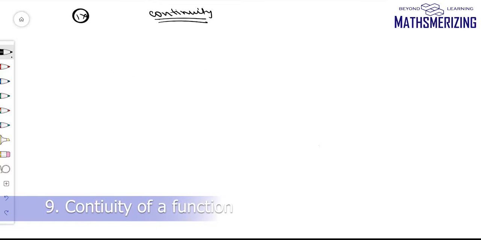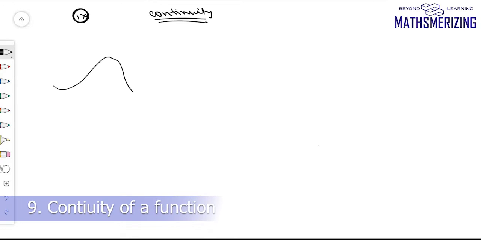Now the ninth thing that we'll decide in a graph is whether the function is a continuous function or a discontinuous function. So if the graph of the function is connected, then we'll say the function is continuous. And if the graph of the function is disconnected at any point, then we'll say this function is discontinuous at that point.